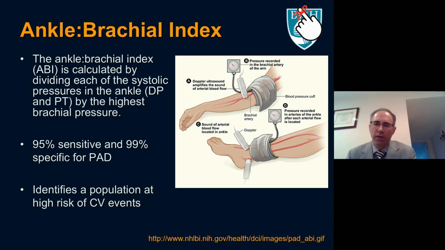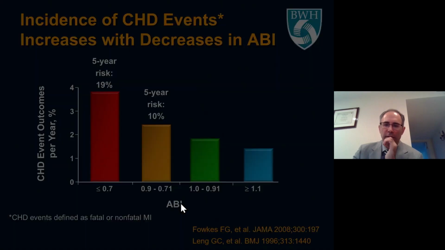And when the signal returns consistently, that's our sign of our ankle pressure. We do both the DP and the PT. That improves the sensitivity of the test, and we compare that ratio with typically 1 being normal, but recent data suggests that even 0.9 may be a reasonable cutoff.